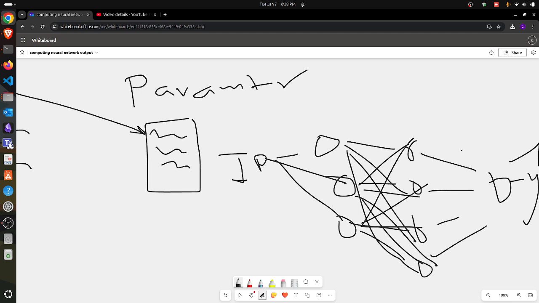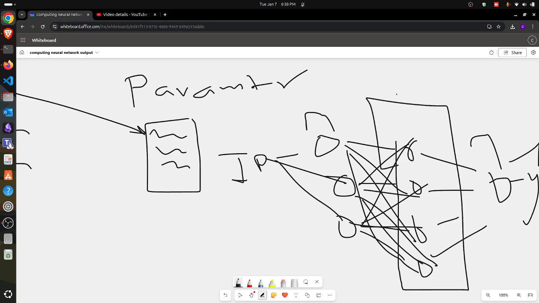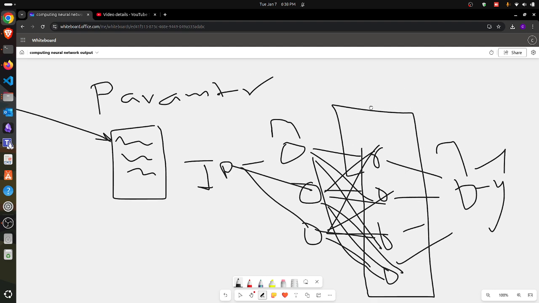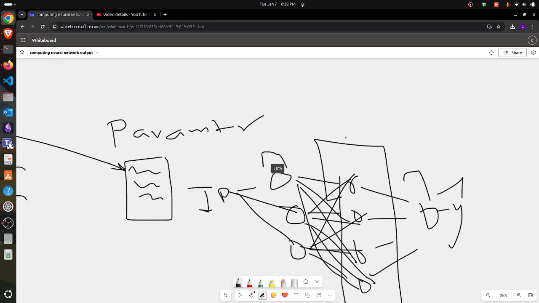So here's a cool thing: in between those two layers there is another layer. Imagine this one as an input layer, and this one as an output layer, and in between these two we have one hidden layer. That's what we call the hidden layer. It is like a secret agent which helps our robot.